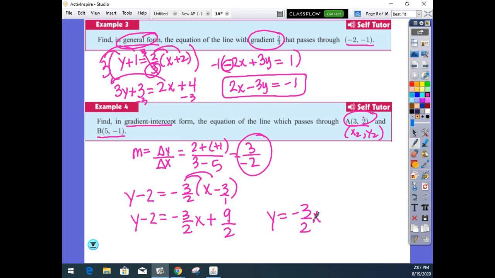So if I add 2, that's 2 over 1, or 4 over 2 if I get a common denominator. So if I add my numerators and keep my denominator, I have 13 halves. So half the IB test is calculator and half of it is non-calculator. You have to be prepared to do your fractions.